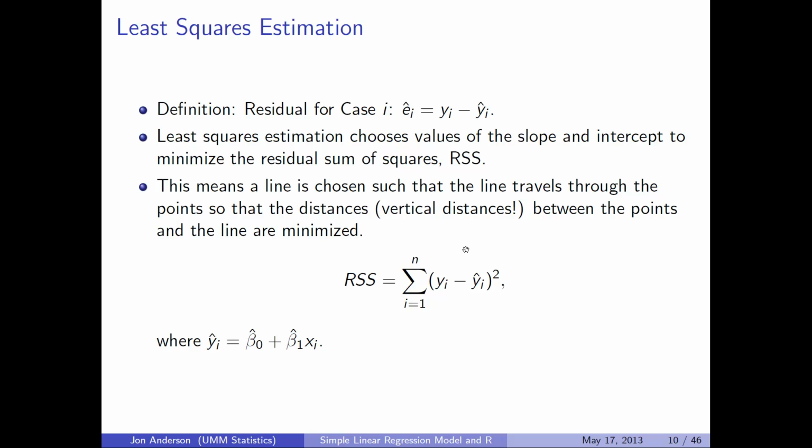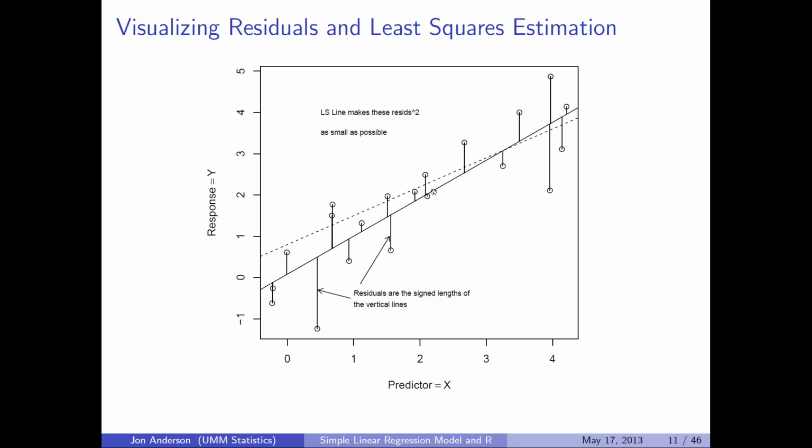To understand this, first of all, we need to understand the idea of a residual, and that's a random error with a hat on it. It just consists of the observed y value for a particular case minus what we would estimate it to be from a summary estimating line. On the next overhead, I illustrate that idea.